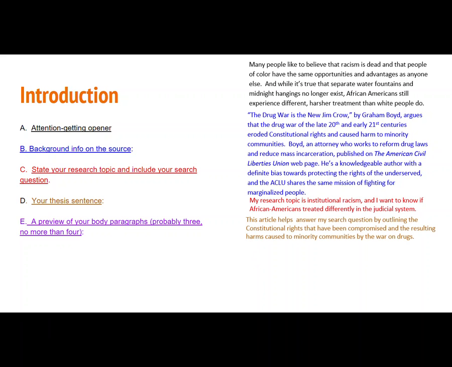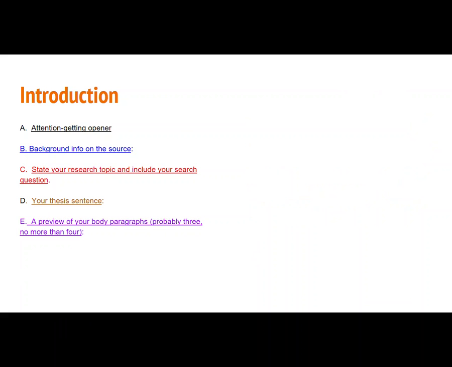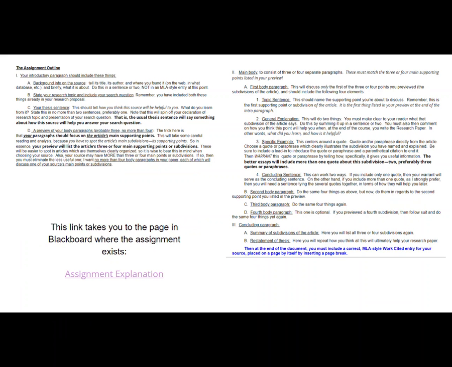And if you'll recall from the directions, let's just go look at them on the previous page. Your thesis sentence should tell how you think this source will be helpful to you. What do you learn from it? State this in no more than 2 sentences, preferably 1.